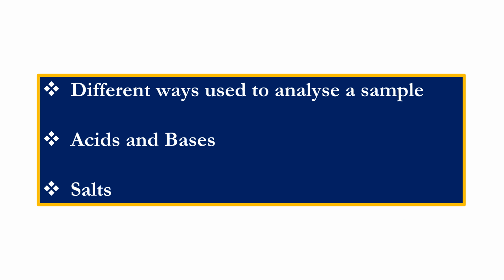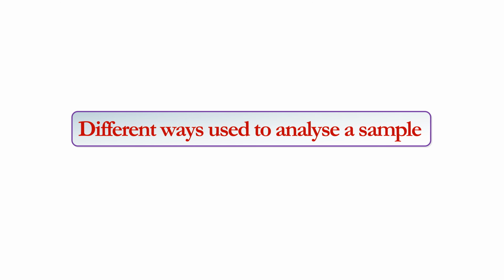Today we will cover the different ways used to analyze a sample. We will cover acids and bases, and we will also cover salts. So we start with different ways used to analyze a sample.